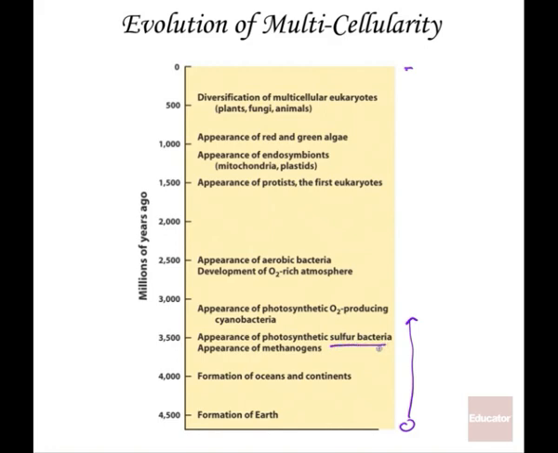anaerobic bacteria, and then we had the oxygen-producing photosynthetic cyanobacteria, and once that happened, then we could have aerobic bacteria.